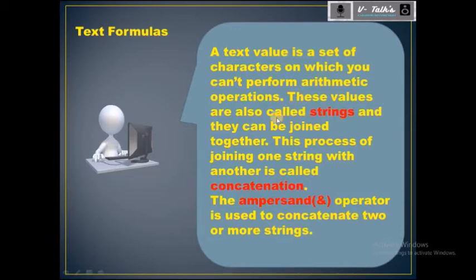These text values are called strings, and they can be joined together. This process of joining one string with another is called concatenation.